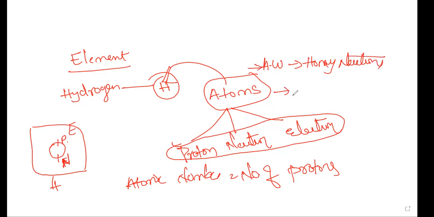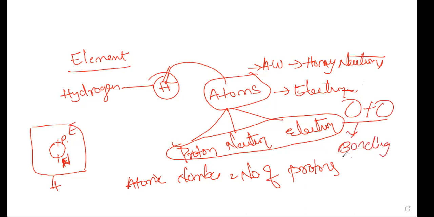And the energy levels depend upon electrons. So if one element is attached with another element, this is called bonding. Mostly the bonding depends upon the proton, electron. Okay, so the bonding depends upon proton, electron.